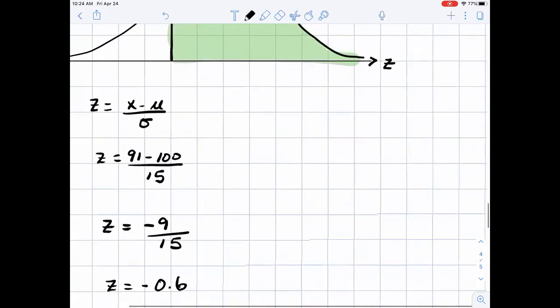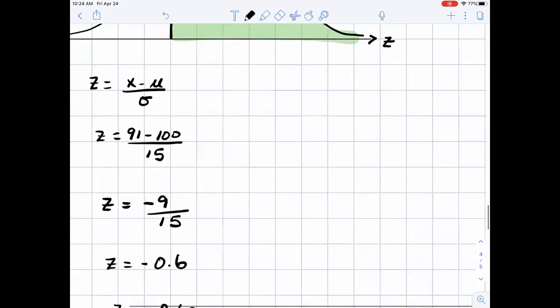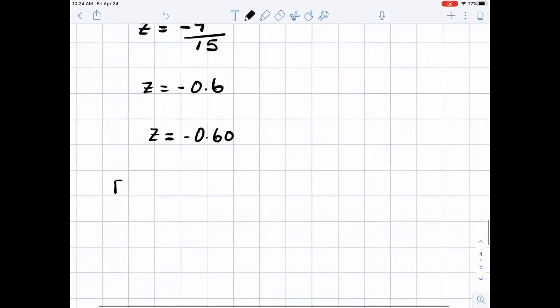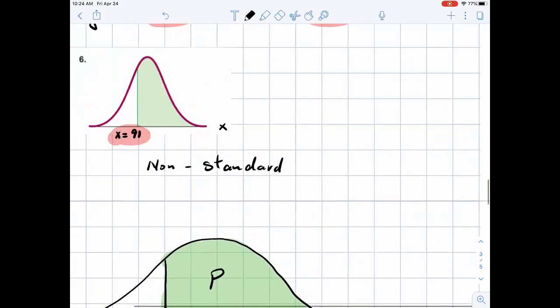So what have we learned here? This means that the probability for X, now be very careful, look at this picture. Which side is shaded, left or right? The right side.